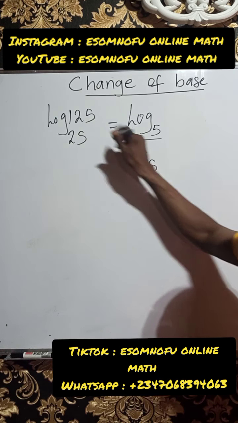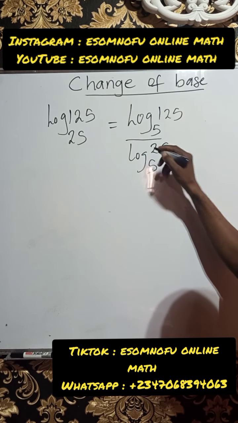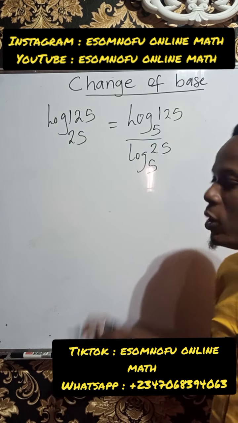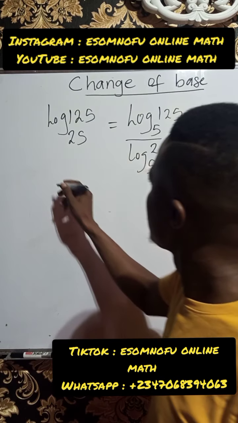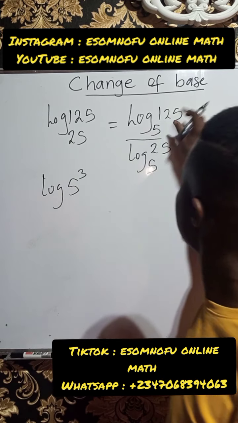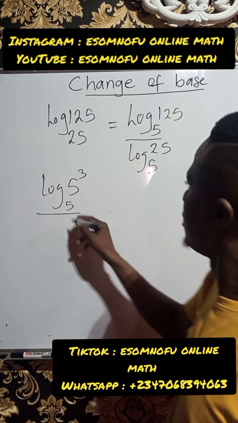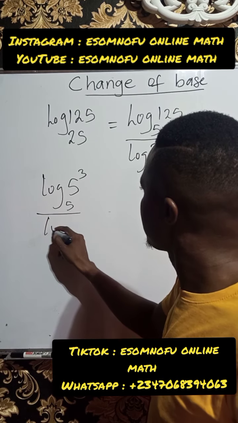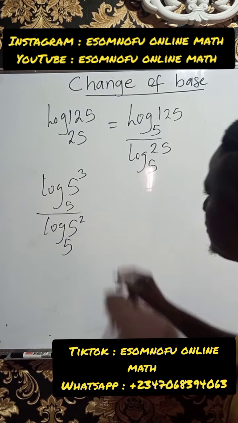Now, the first number here is 125, then the base you write is 25. Now, 125 is seen as 5 times 5 times 5, 3 places. So it's going to be log 5 power 3, which is equivalent to 125, base 5 over log of 25, which can be seen as 5 power 2, base 5.